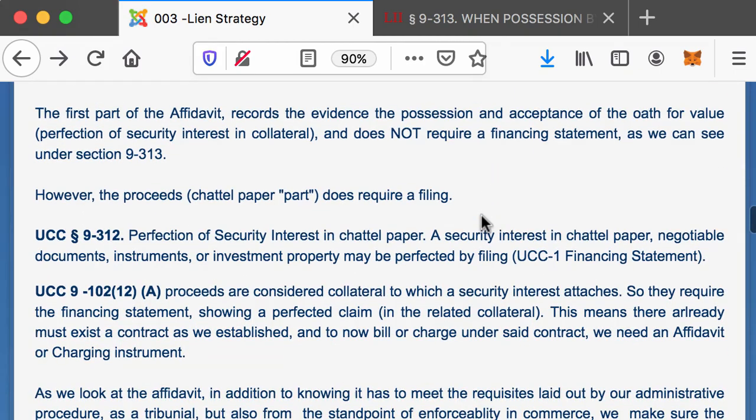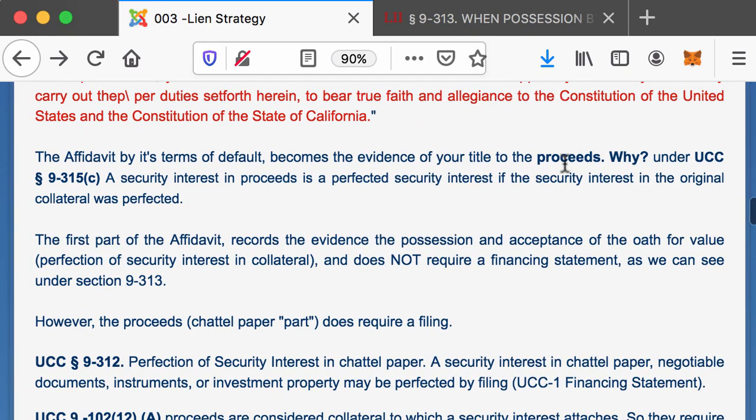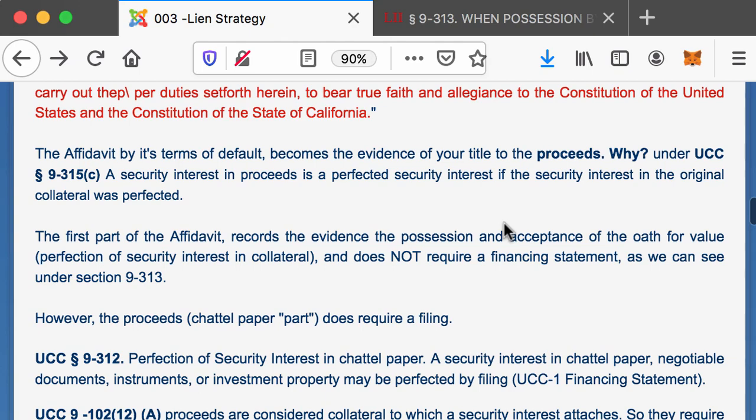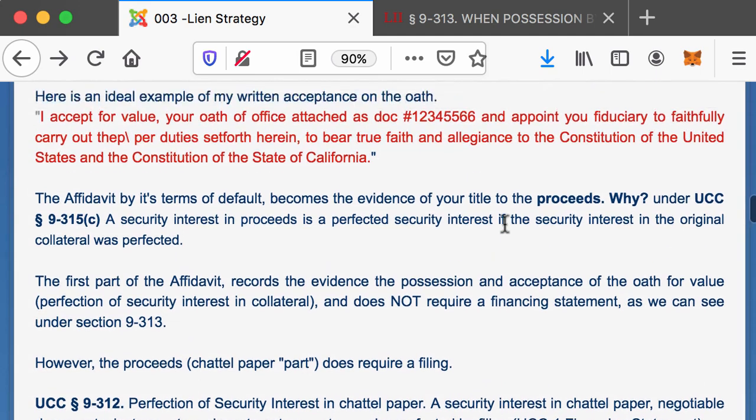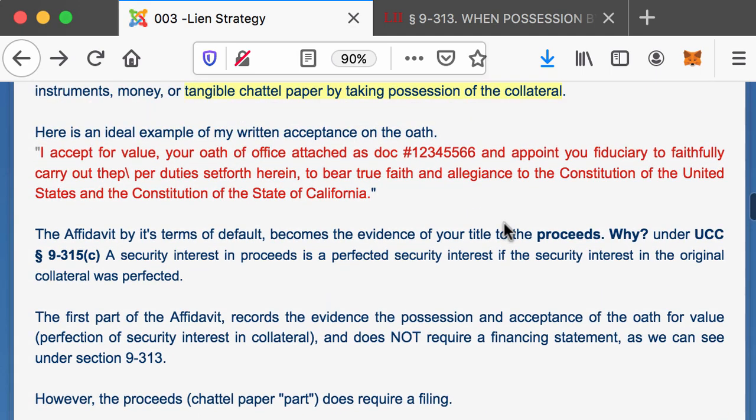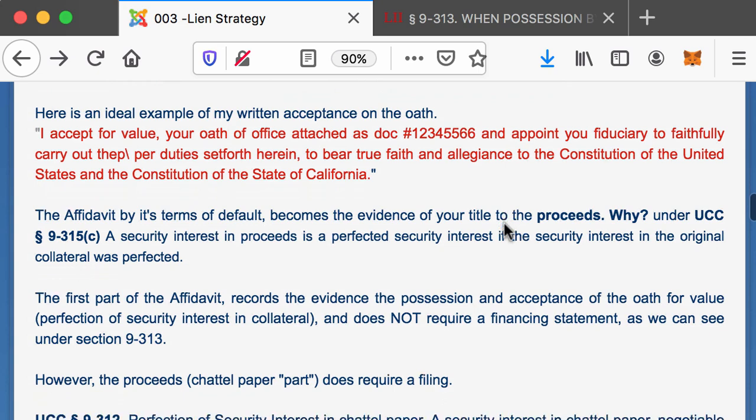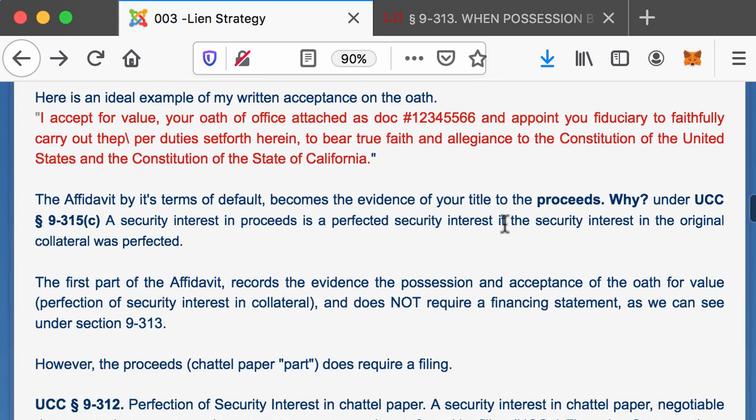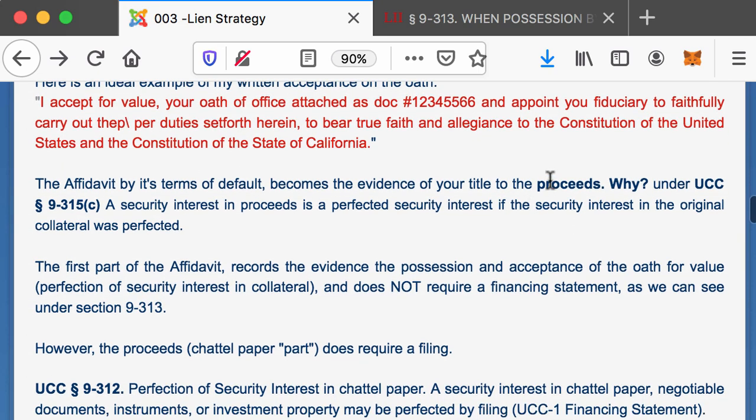So the proceeds are the objective of the affidavit of commercial obligation. That is the bill, the bill on the account. So ultimately, if you were to file a lien to perfect your security interest in these proceeds, you'd file a lien on the actual bond number, but you would have to have a charging instrument behind that to make it correct.